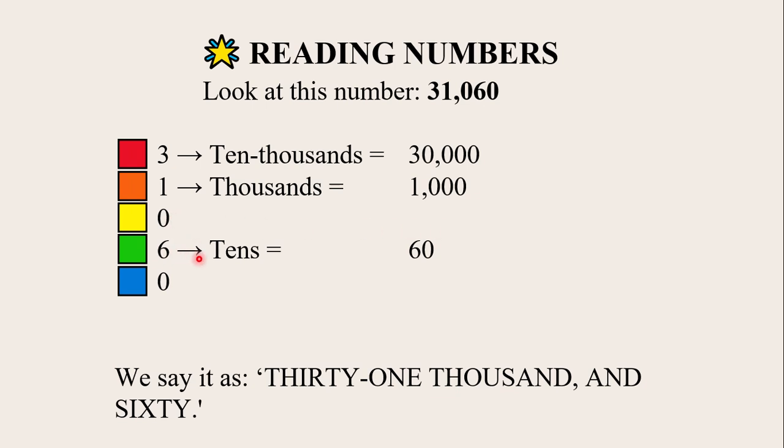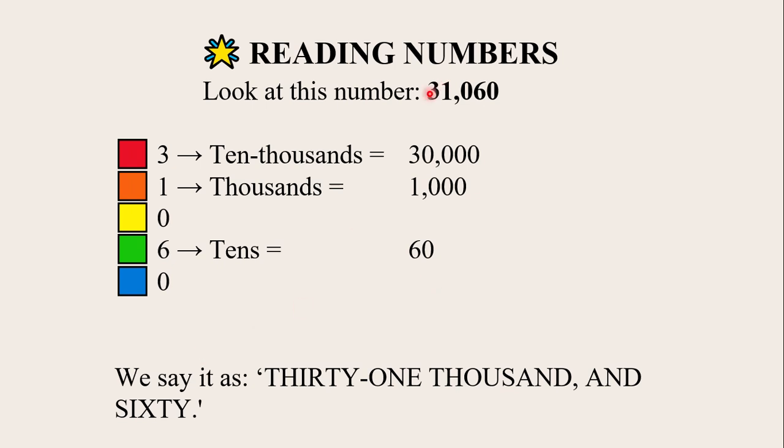But when we get to 6, this is tens. If you look at this very well, this is 6, and we had just 1 zero because tens would take only 1 zero. Finally, if you look at the last level, which is blue in color, there is nothing there because it's also 0. It's nothing. We just have to put it there. So that's why I didn't put anything. Now, as usual, we call it together.